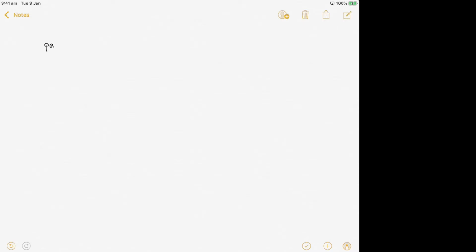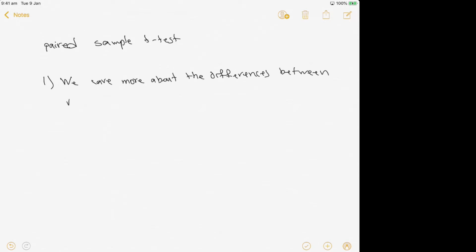Normally in a paired sample t-test, we care more about the differences between pairs than the variation in the numerical variable. This is one thing that we should bear in mind.